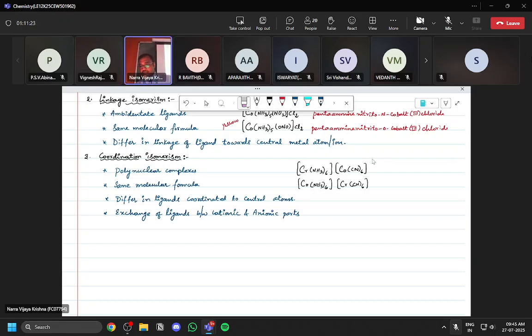So these two are examples of coordination isomerism. Next, solvation isomerism. Any questions, sir, in coordination isomerism? Online, someone respond. No, sir. Do you want the nomenclature of this one?